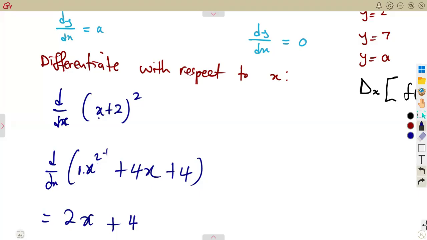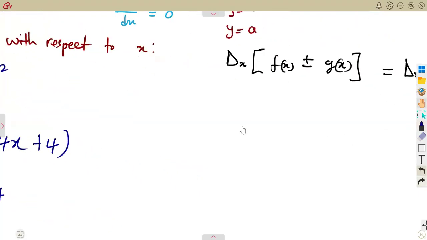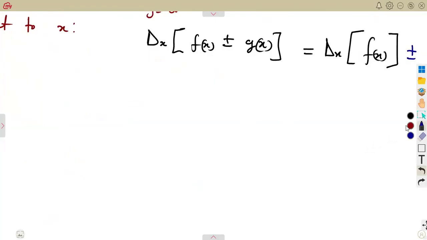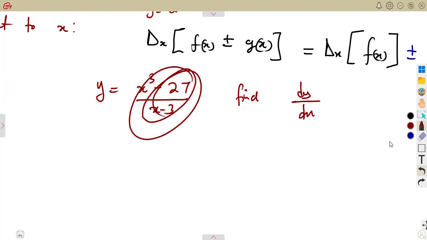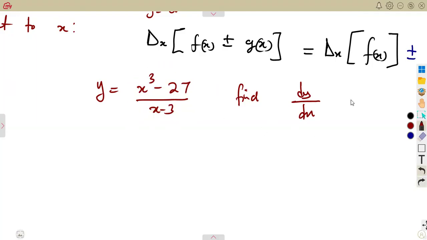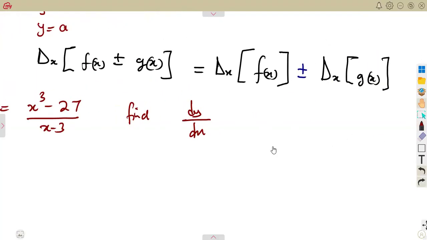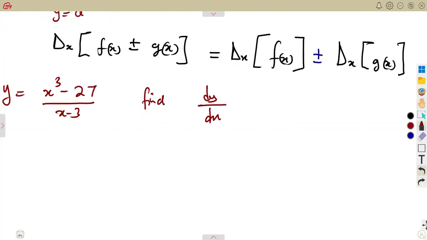The format, the presentation that you have, sometimes we need to even factorize, like for an example, you're given, let's say y is equal to x cubed minus 27 over x minus 3. And there you're asked to determine or to find dy dx. Very complicated situation that we have. But look closely, x cubed minus 27. This can be factorized from our sum and difference of two cubes.